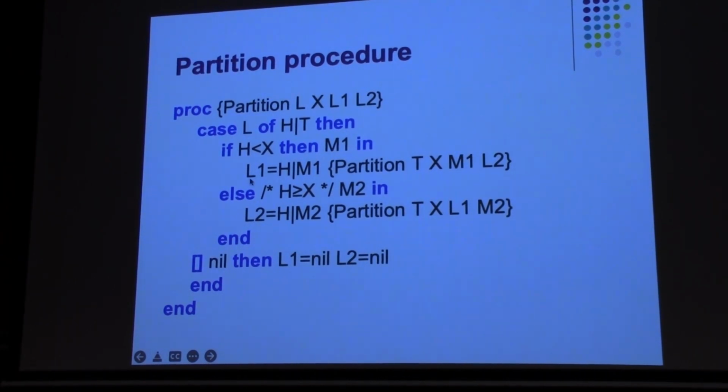So you see how it's done. L equals H bar M1, where M1 is unbound, and then it calls recursively. So this is a tail recursive procedure. We can do that because of the single assignment.